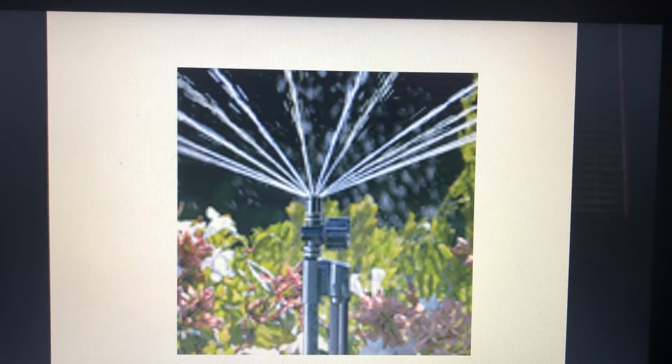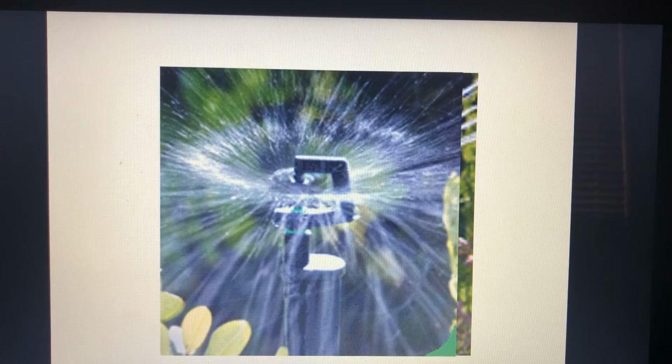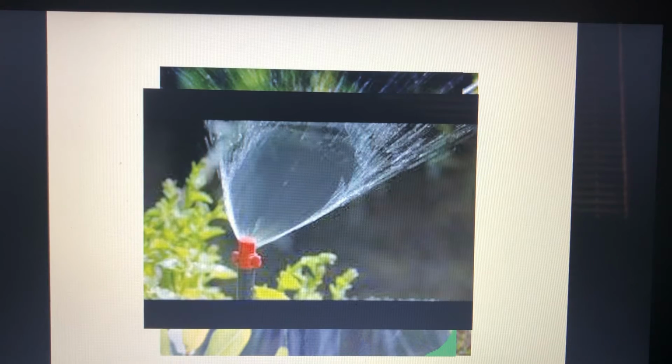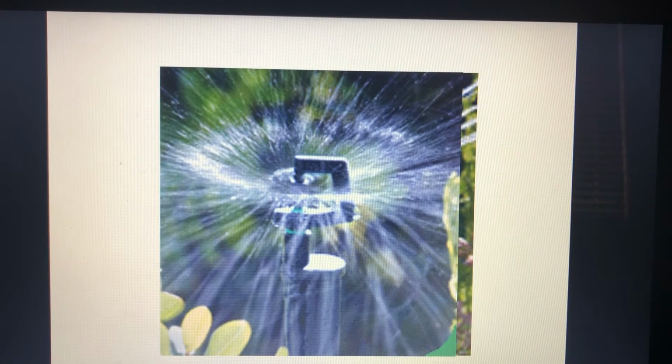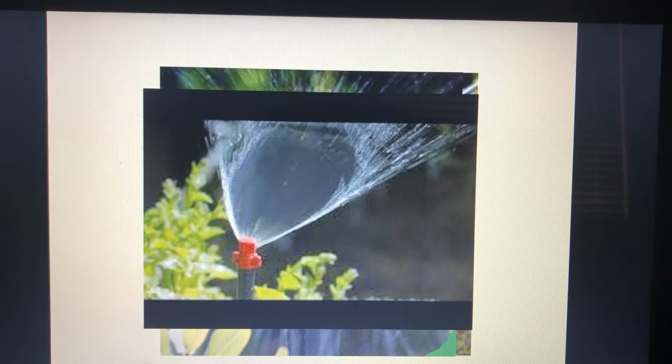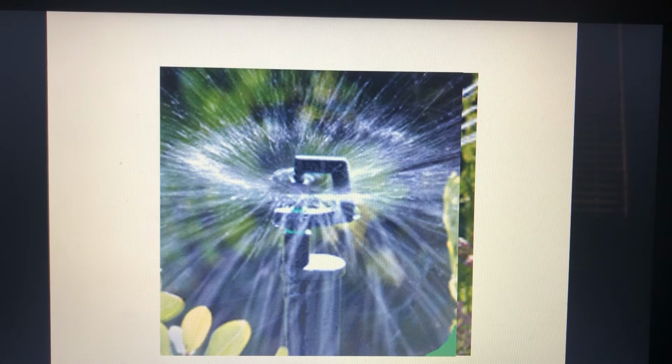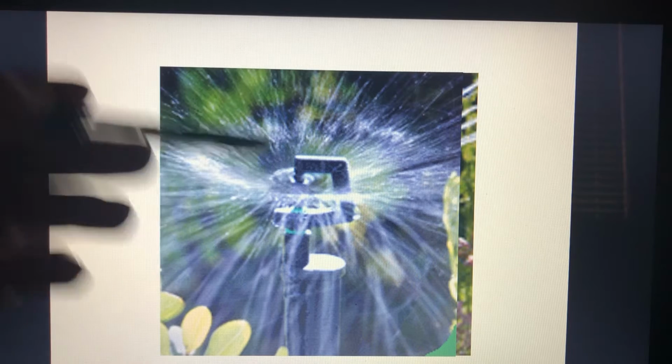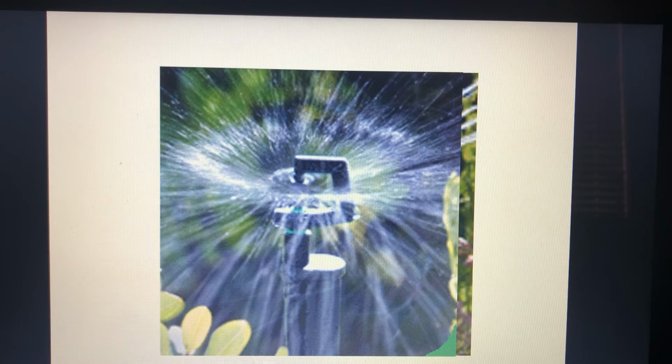So here's a couple of different pictures of micro sprayers, and I think a big difference to notice is between this one and this one. So this one is a rotating sprayer, which means that the part in the middle is continuously spinning, and that allows it to have this 360-degree wetting area where it can wet the whole area around your micro sprayer.